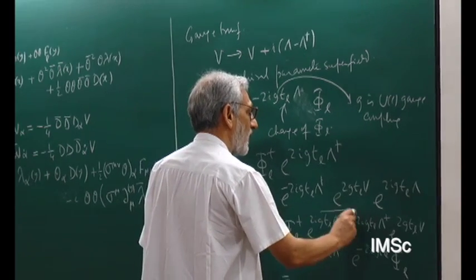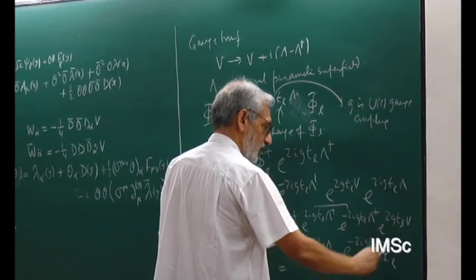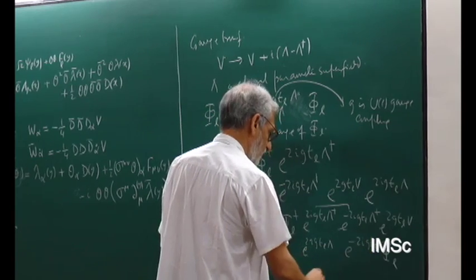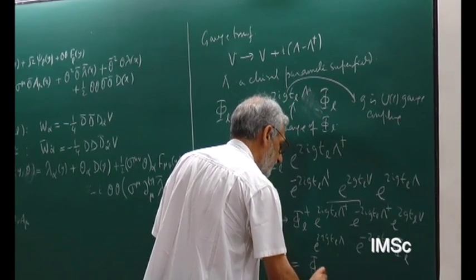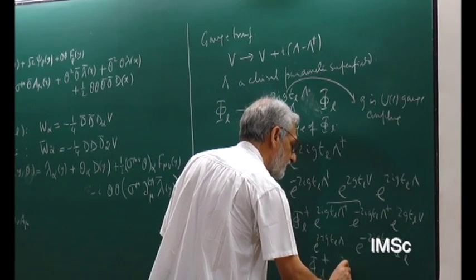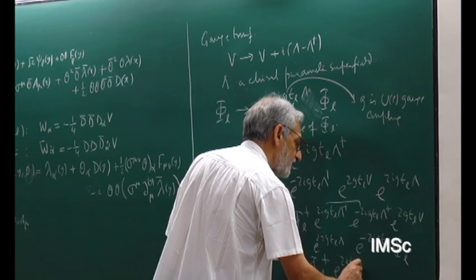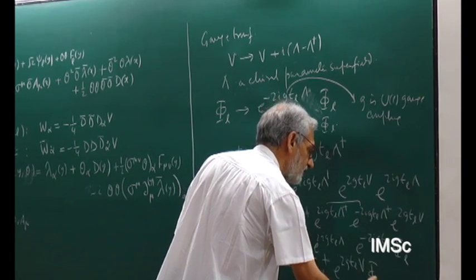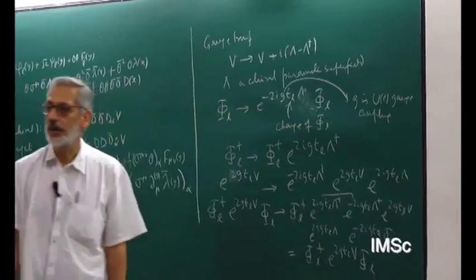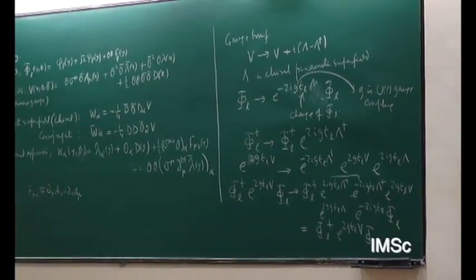This factor is 1, and this times this is 1. So that's gauge invariant by construction.